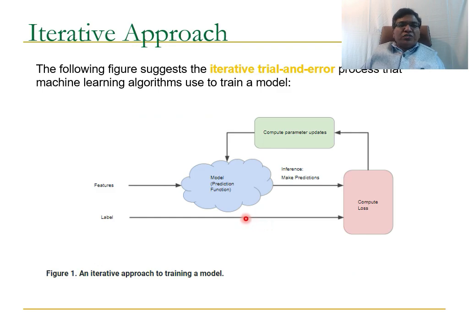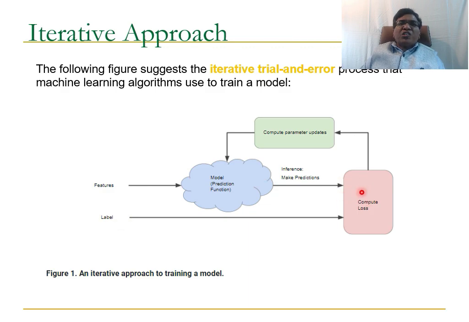Iterative approach. This figure shows the iterative approach. The training process is iterative and illustrated here. The model takes features and labels as inputs and computes the loss.